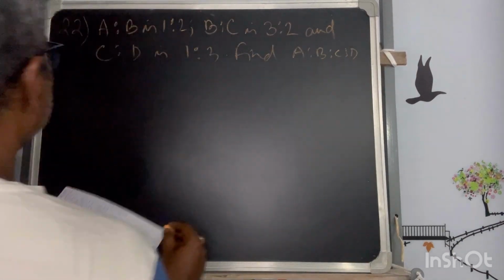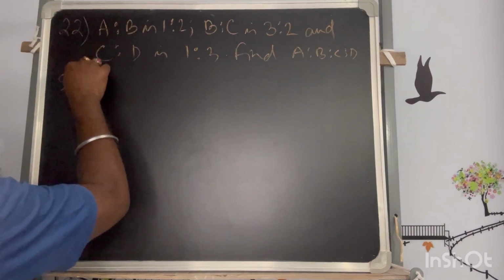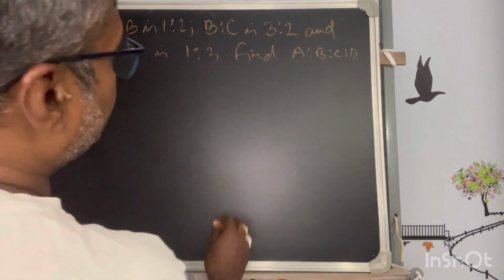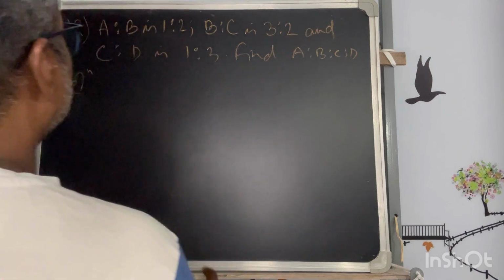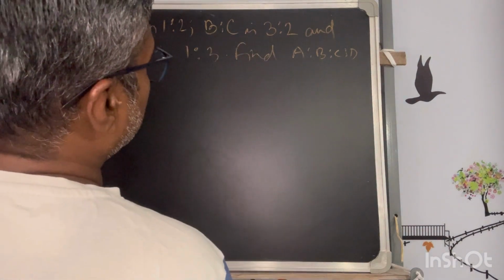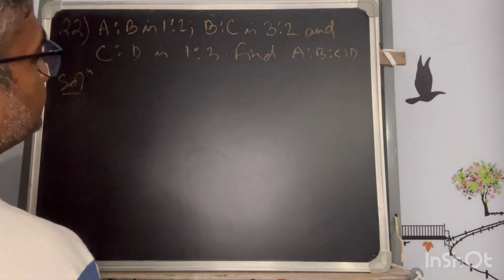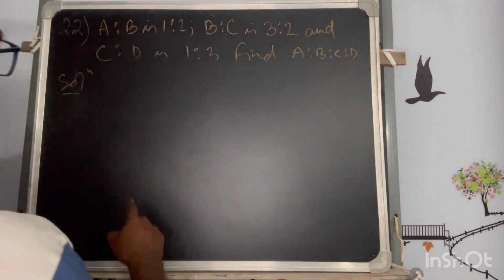That means continuous ratio. So as you know, if there are 4 quantities consecutively in a ratio, what can we do?